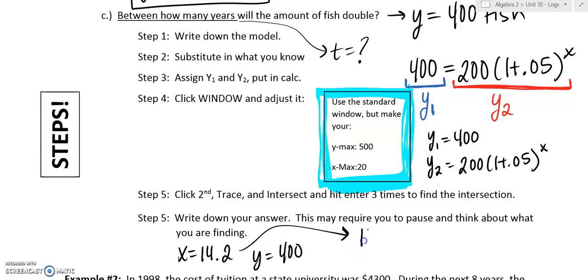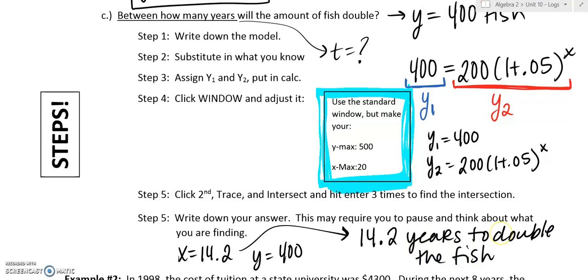That means it's going to take about 14.2 years to double the fish population. And then you're done. So we wanted 400 fish; they'll get 400 fish, but it'll take 14.2 years. And we had to do all of that in our calculator.